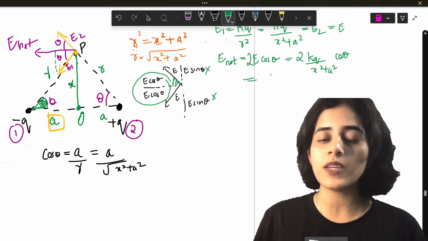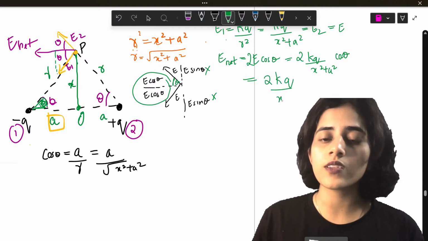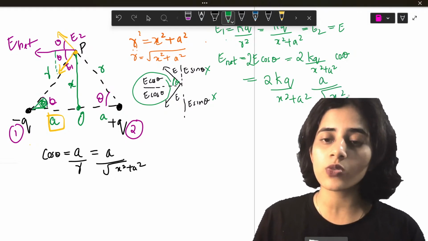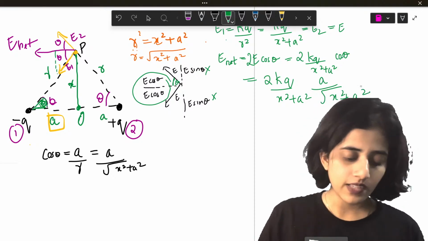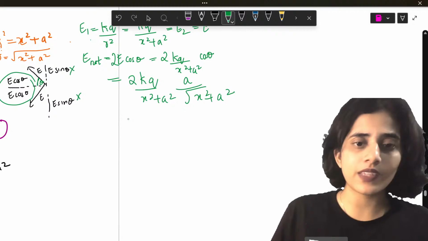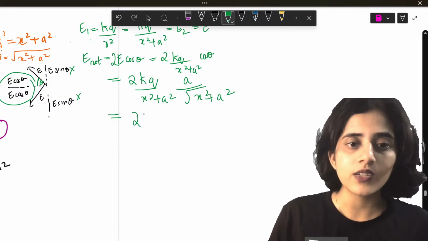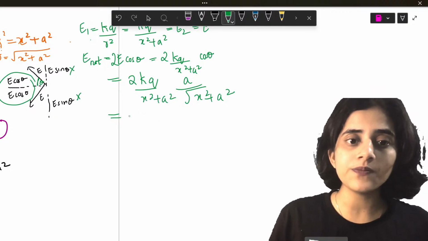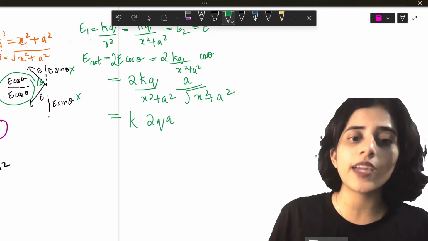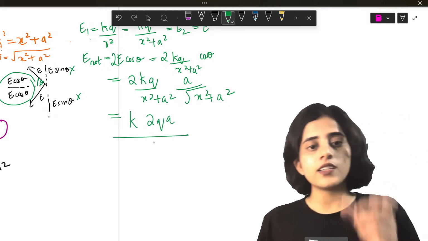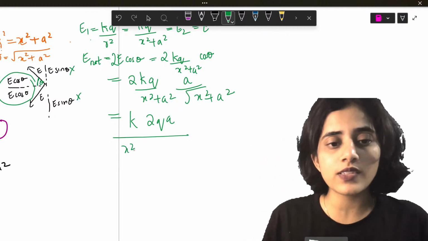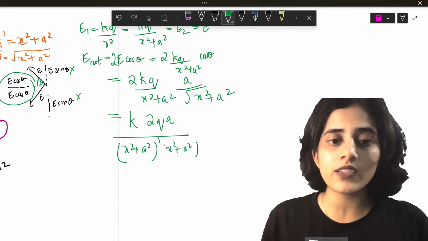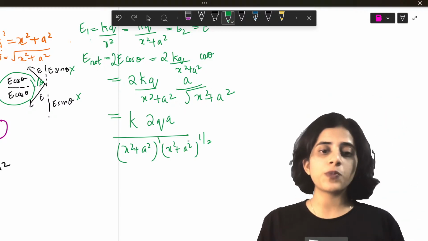So this is now going to be equal to 2k cube times x square plus A square. Instead of cos theta, I'll write A divided by the square root of x square plus A square. Now it's just simple math. I will write 2QA as P, and this is raised to 1 times x square plus A square raised to 1 by 2. 1 by 2 plus 1 is 3 by 2.